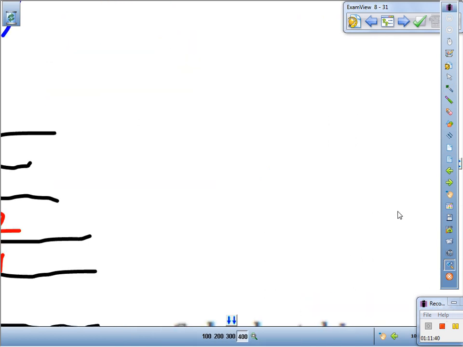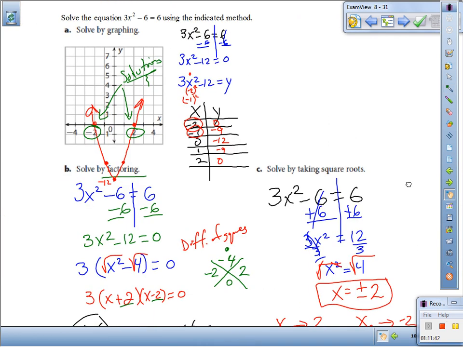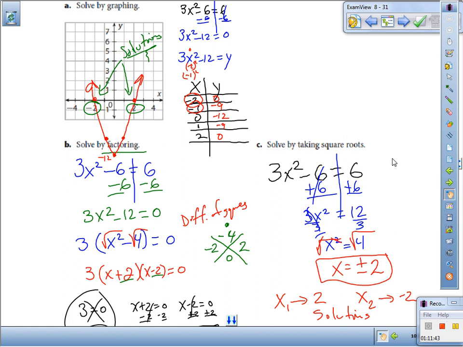Let me zoom out. Look at that beauty. Humor, yes? Once again, square roots. I suggest you always start with the square roots because probably that's the fastest and the easiest one to come up with the roots. And that'll show you that if you make a mistake on the other ones, then you need to do the work. Does that make sense?